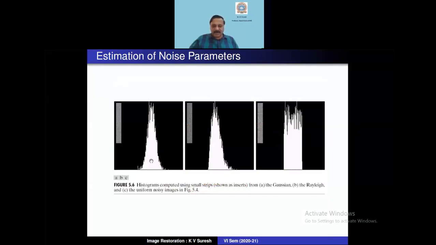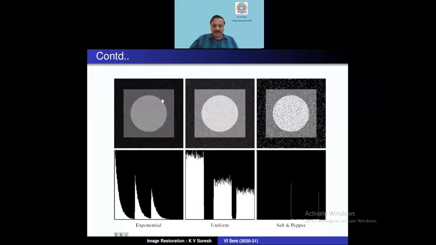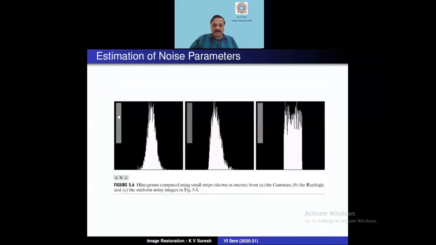There is an example given here. From this image, a small strip is taken somewhere here. Okay, what you see is that strip. For that strip, the histogram is plotted. Obviously we can observe that this shape looks like a Gaussian shape, so this image is corrupted by Gaussian noise.